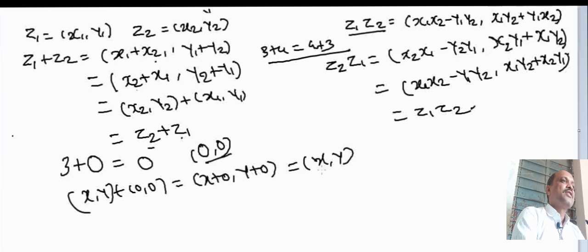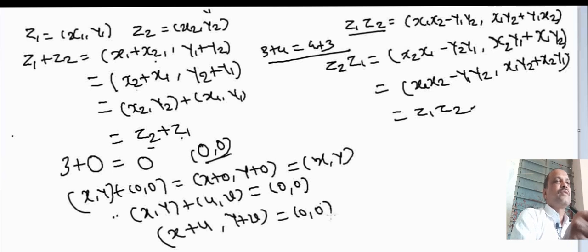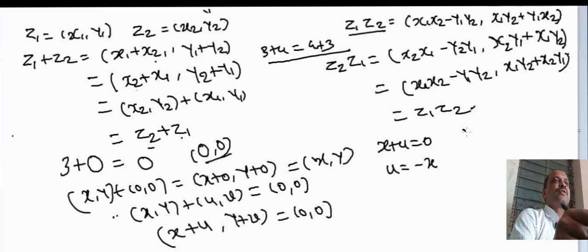Now, suppose we have another number (u, v) such that (x, y) plus (u, v) equals (0, 0). Then (x plus u, y plus v) equals (0, 0). We get two expressions: x plus u equals 0, that means u equals minus x, and y plus v equals 0, that means v equals minus y.